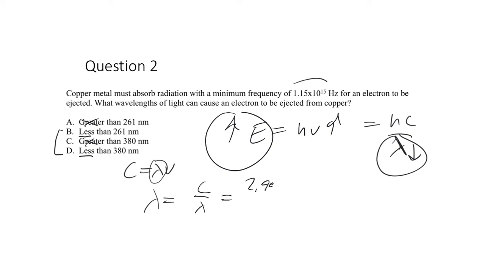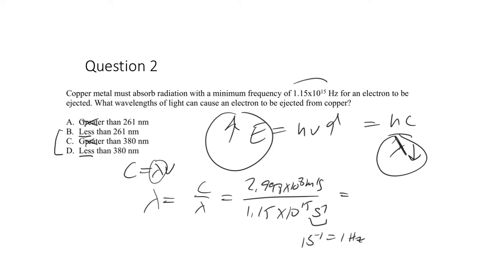So 2.998 times 10 to the 8 meters per second divided by 1.15 times 10 to the 15 inverse seconds, a hertz, and that equals 2.61 times 10 to the minus 7 meters. 1 meter is 10 to the 9 nanometers, so that would be 261 nanometers. If we go lower than 261 nanometers, then electrons can be ejected.